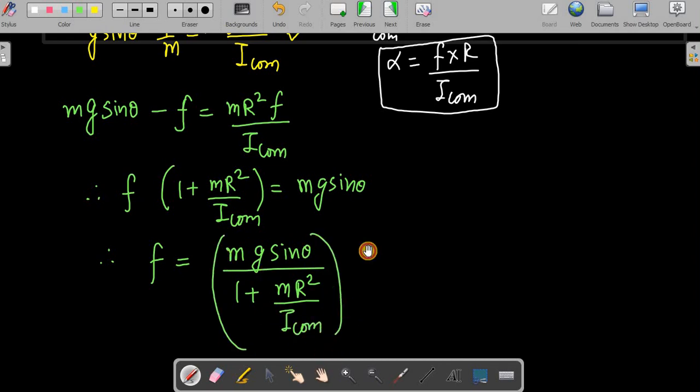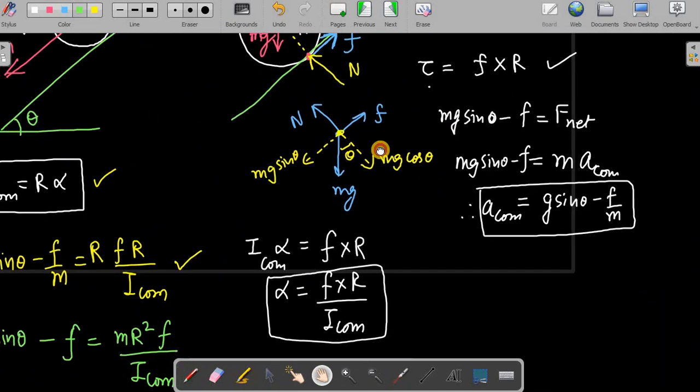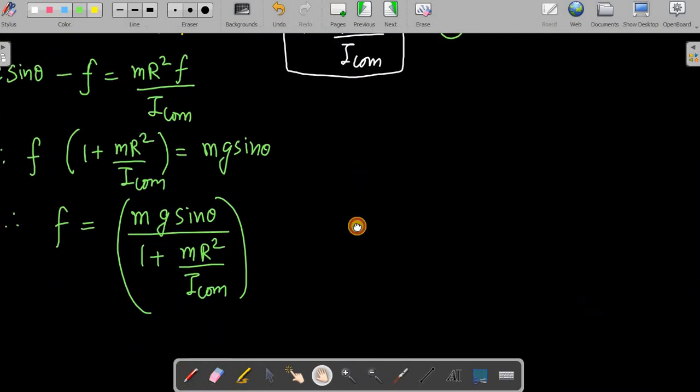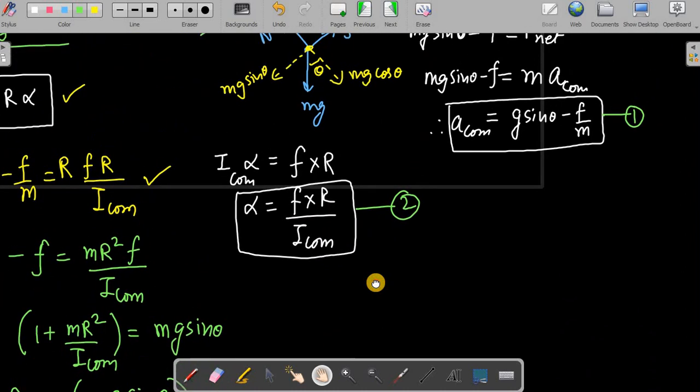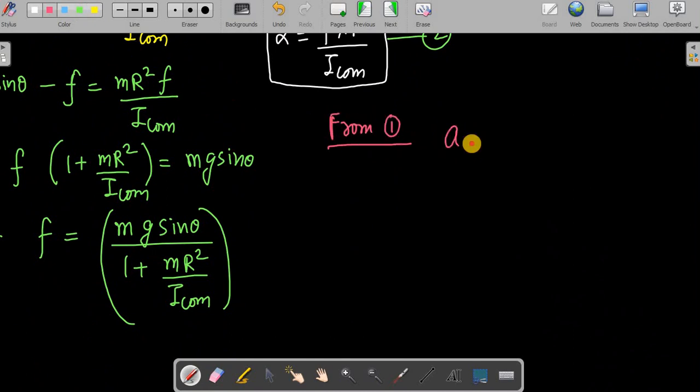We got friction. Now if we got friction, acceleration of center of mass we can calculate from this equation. You may note this as equation number 1, equation number 2. You can substitute this here, F by m, to calculate acceleration of center of mass. So from equation first, acceleration of center of mass is equal to what?